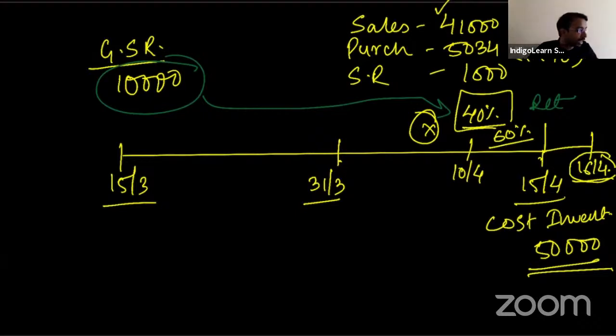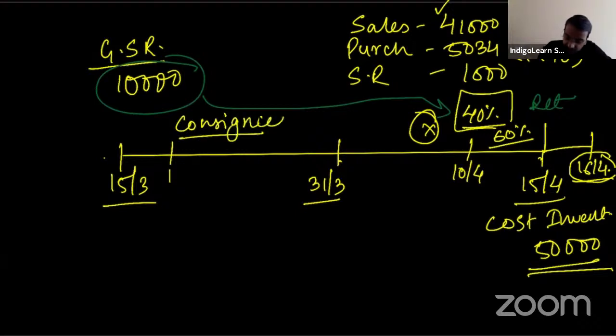Okay. Then the trader also received goods costing 8,000 in March for sale on consignment basis. Now what happened here? In March, so they have not specified the date. So let us take any date in March. The trader received goods costing, so he is now a consignee.